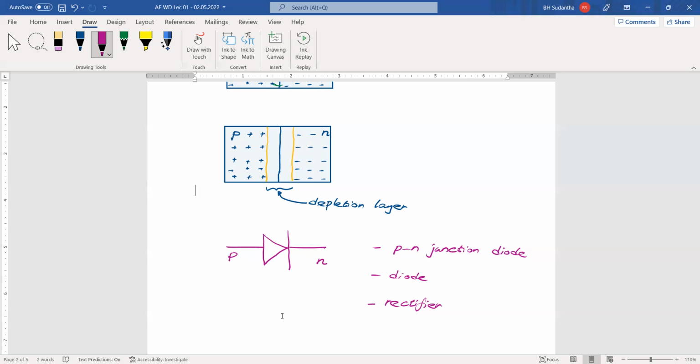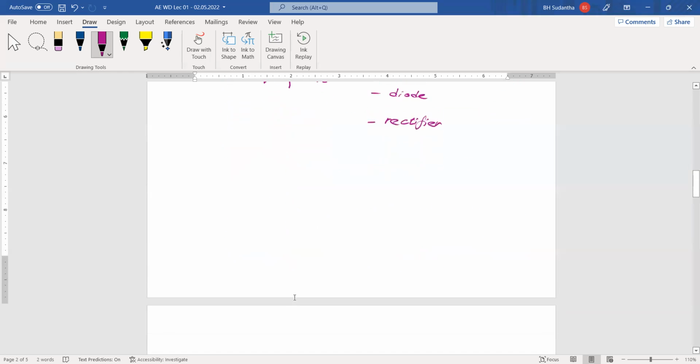Before we make a circuit combining a lot of components together, we should know each and every component's characteristics and their functionality against the voltages and current. That's what we are going to do here.